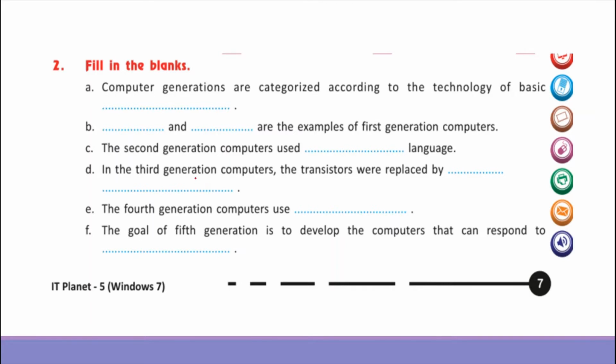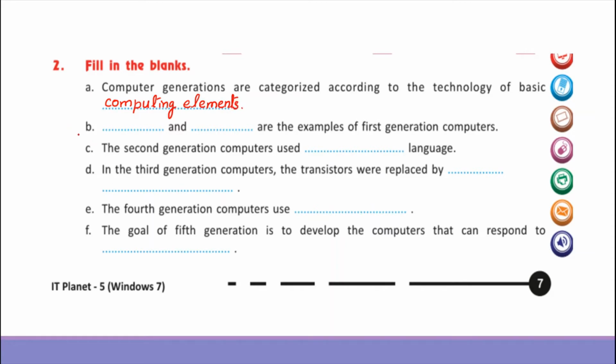Computer generations are categorized according to the technology of basic computing elements. So right here in the fill up, computing elements. Now see the next one.